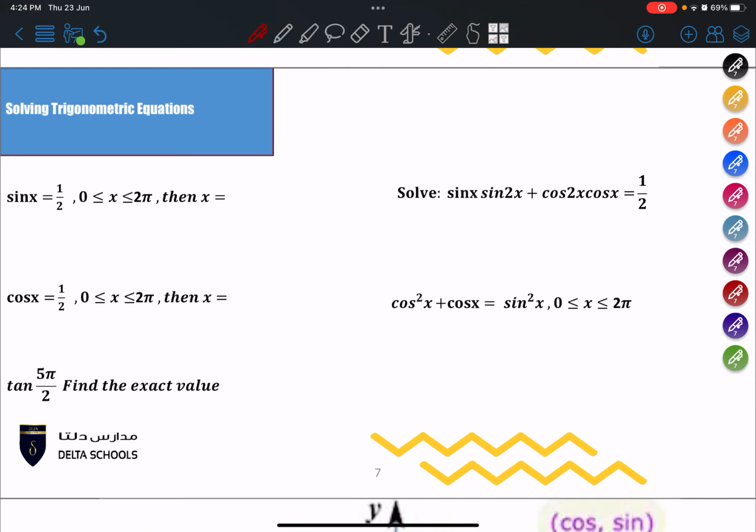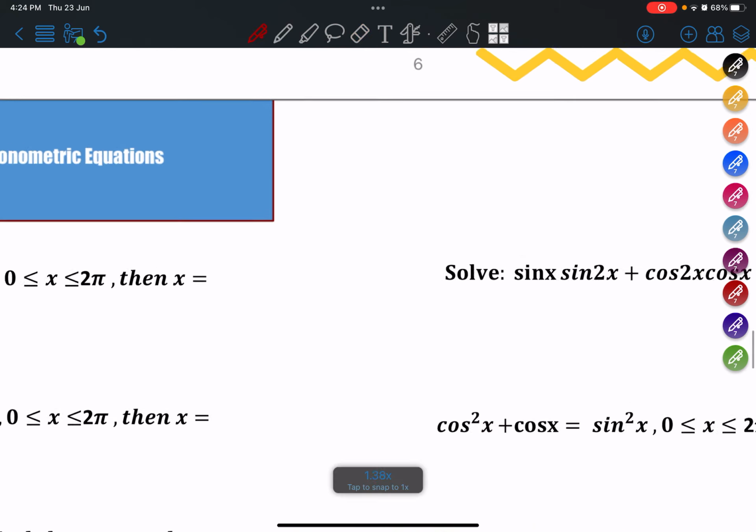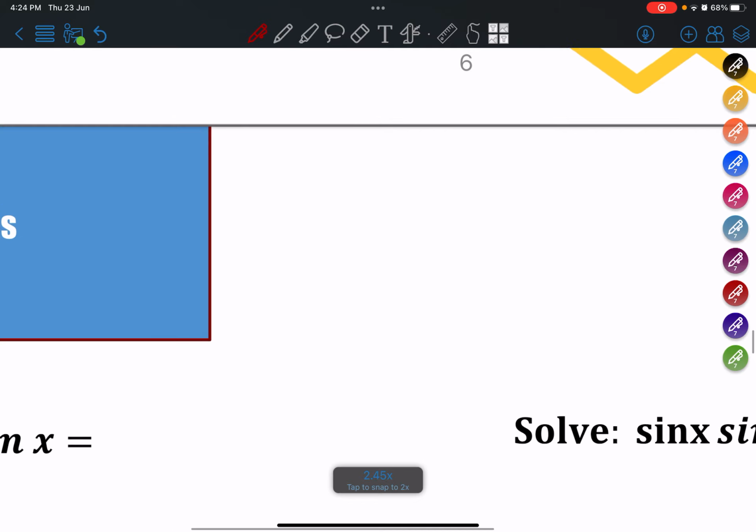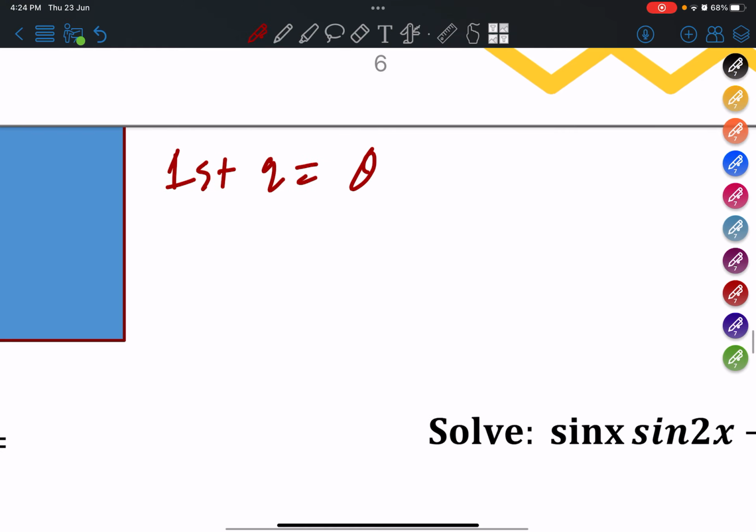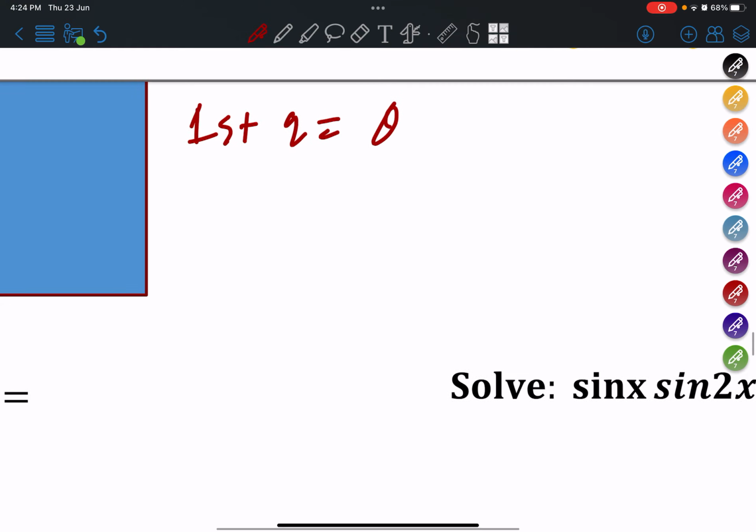Before we start in this slide, we will need to know two important ideas. The first idea is if we want to get an angle in the first quadrant, the angle will be the same thing. It'll be the angle. But for example, if we want to transform it into the second quadrant, it will be 180 minus this angle.